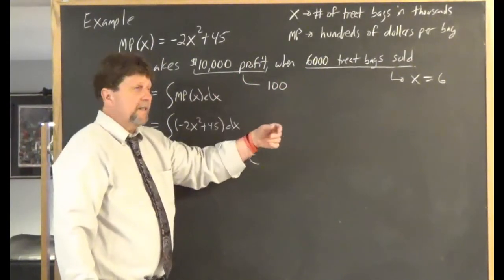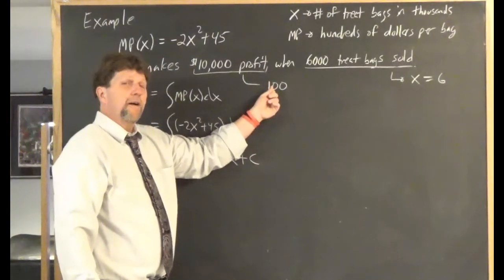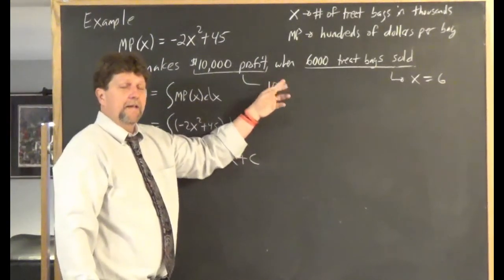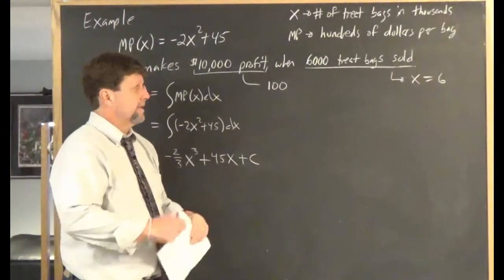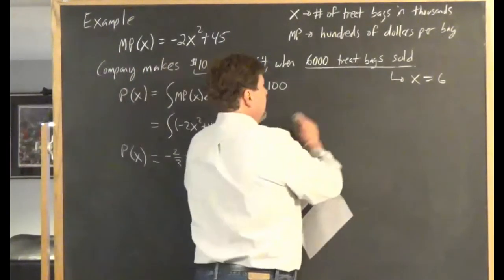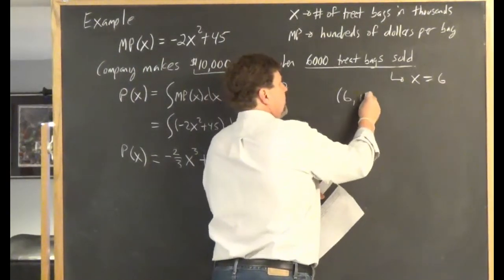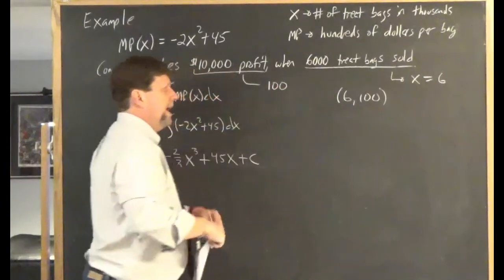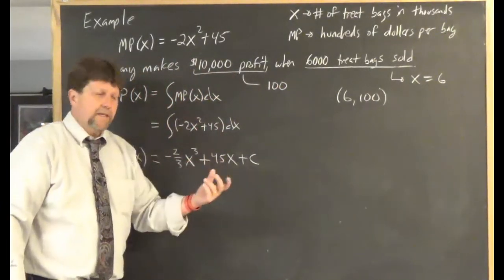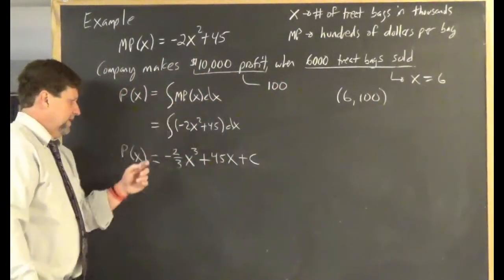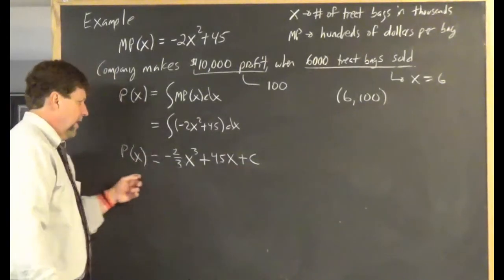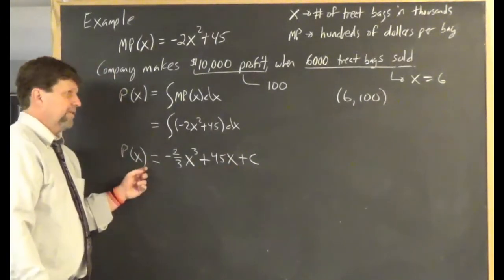So x is 6, profit is 100. (6, 100) is a point that would be on the graph of the profit function. x is 6, the profit is 100. That point, (6, 100), has to be on the graph of the profit function.